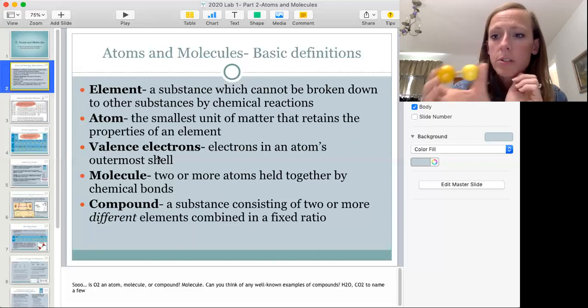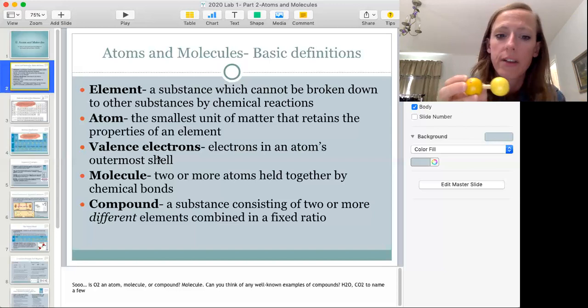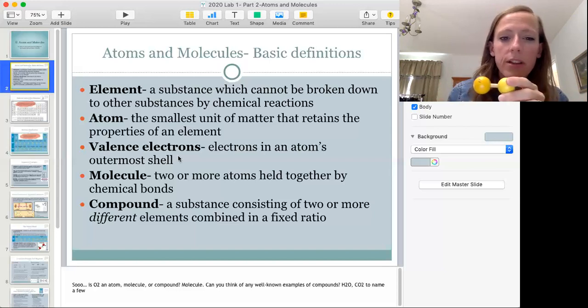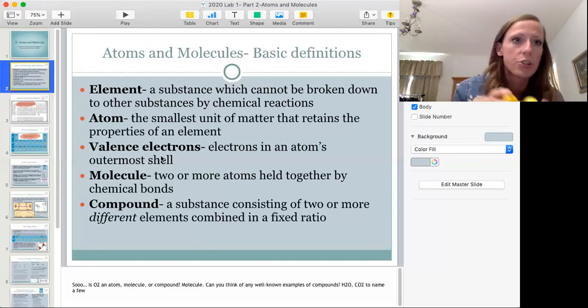And they're more content, more stable in that state because they have complete valence shells. So that's why the valence electrons really dictate the behavior. So this is, say, molecular hydrogen.